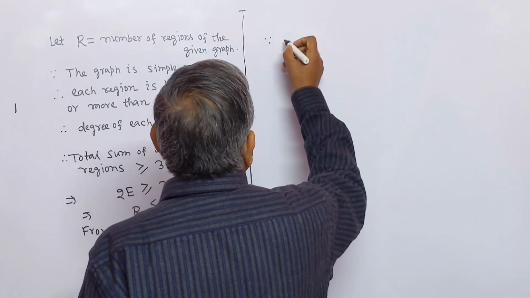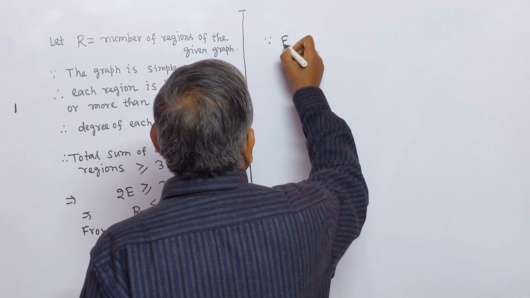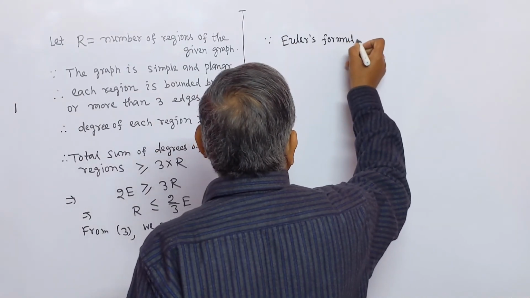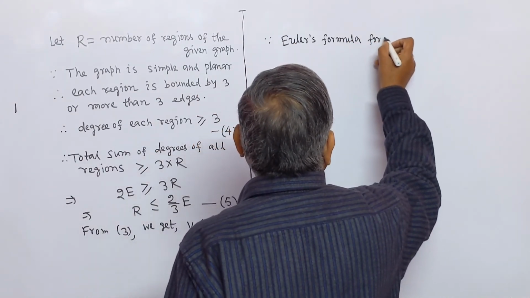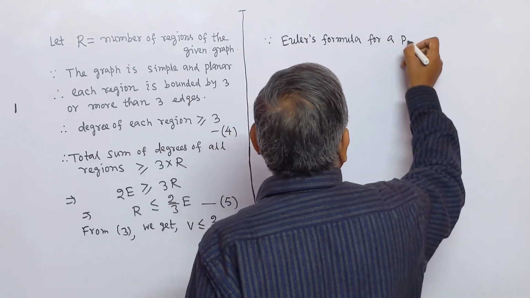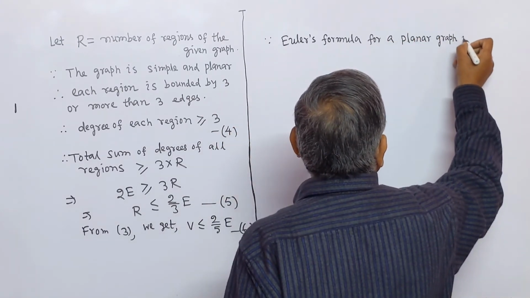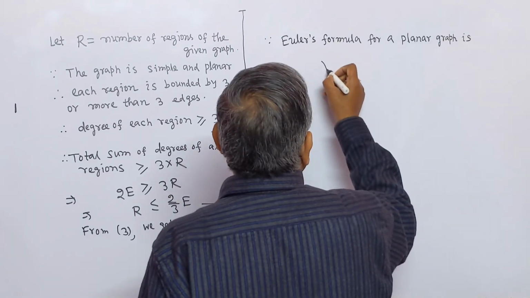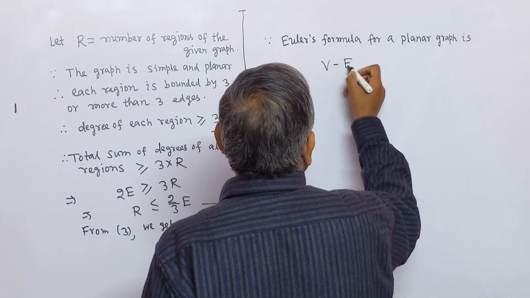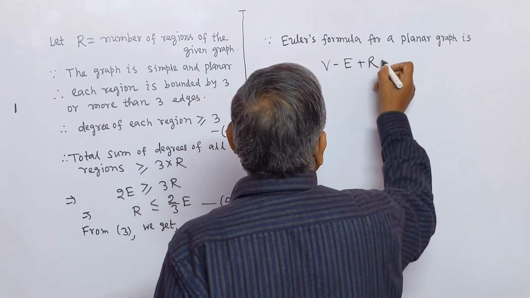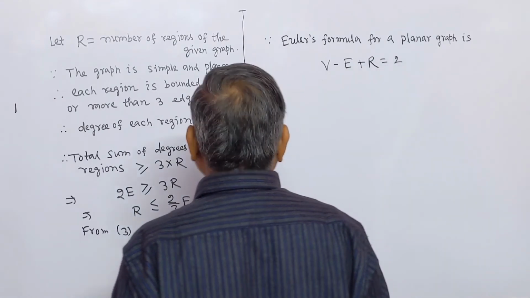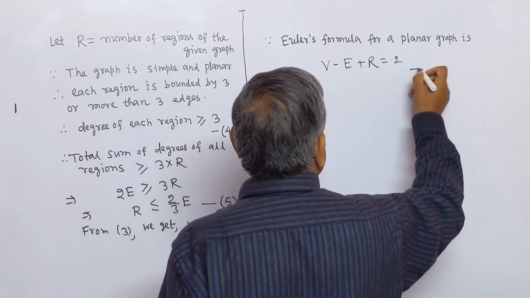Since the Euler formula for a planar graph is V minus E plus R equals 2. This is number 7.